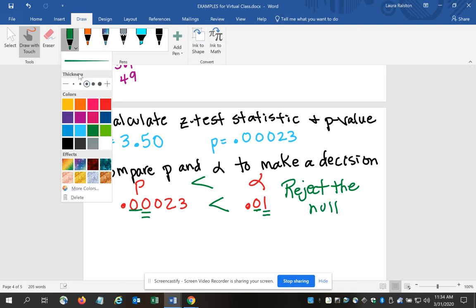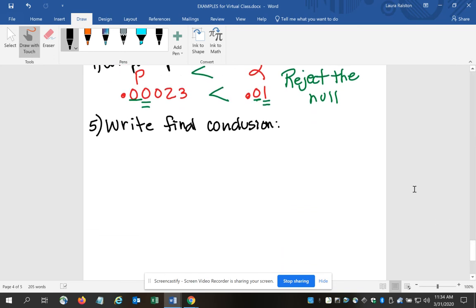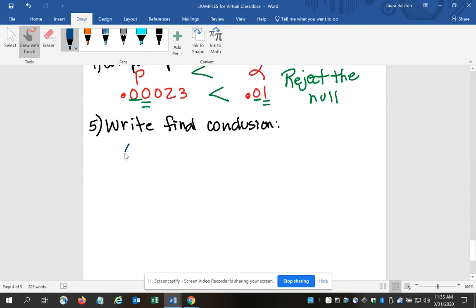Finally, I'm ready to make my final conclusion. That's step 5. And we'll begin by using our significance level. So I would write at the 0.01 significance level.